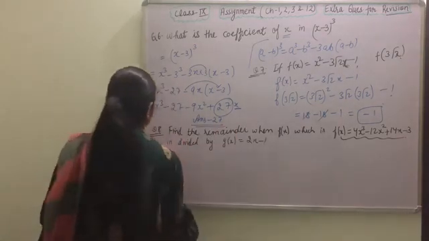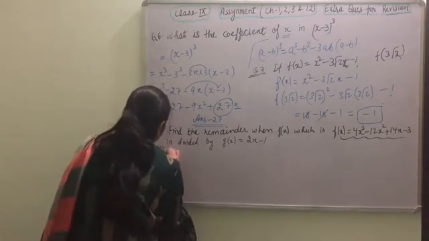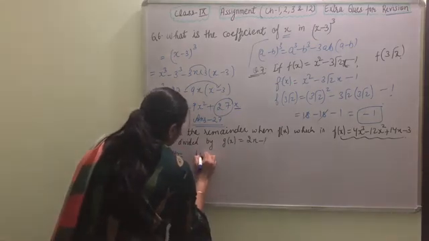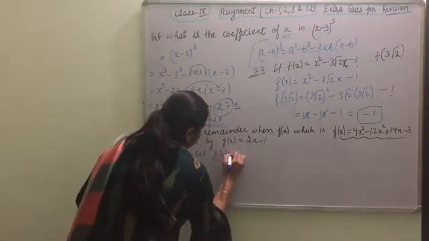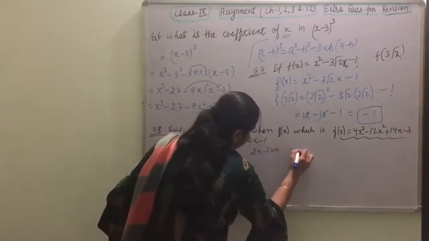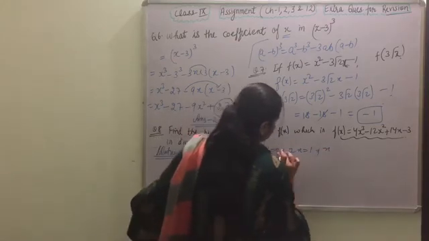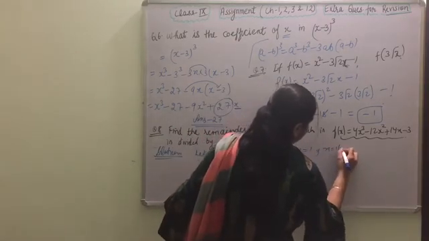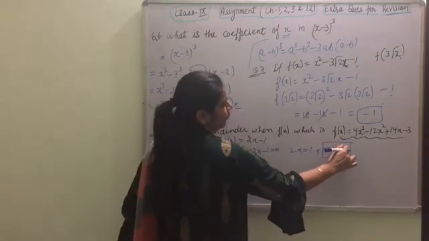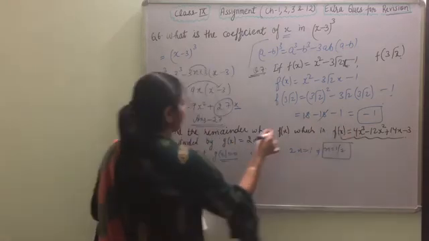Now we are doing it. We'll take the linear polynomial, let g(x) equal 0. So 2x minus 1 is equal to 0, 2x is equal to 1, which gives us x is equal to 1 by 2. We are going to substitute the value of x as 1 by 2. We have to find the remainder of this polynomial when it is divided by this polynomial.